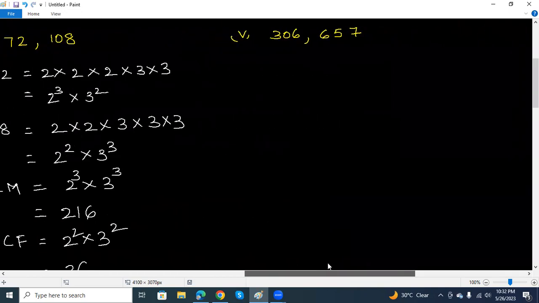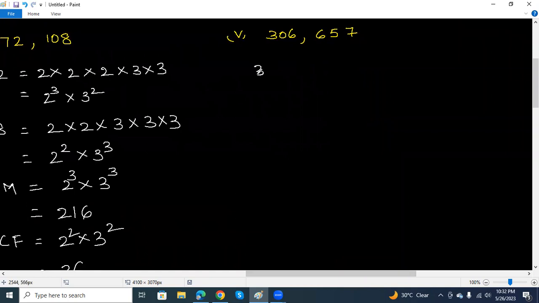Next question. 306. If we are feeling it difficult with big numbers, we can write in this way. 2 1s are 2, 2 5s are 10, 2 3s are 6. Prime now.